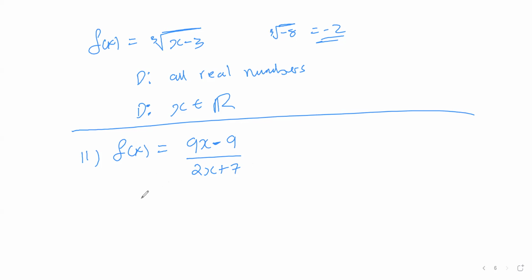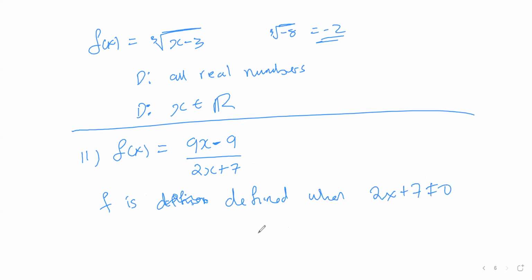For it to be defined, f is defined when 2x plus 7 is not equal to 0. All right, so then we find out when is 2x plus 7 equal to 0, so that our domain will be all x values except those values that make 2x plus 7 equal to 0.